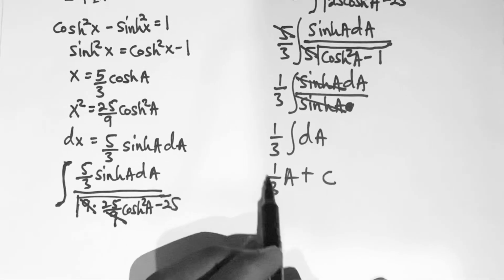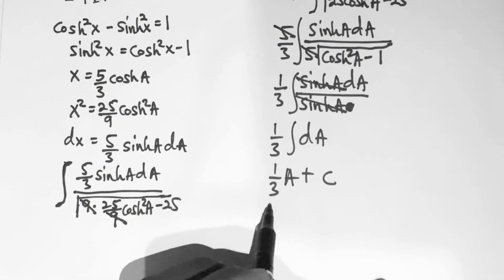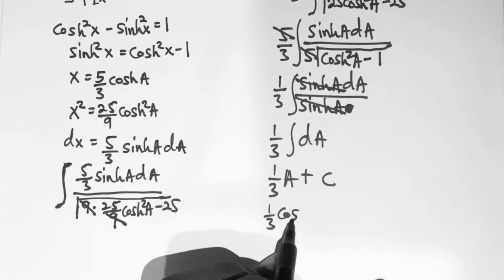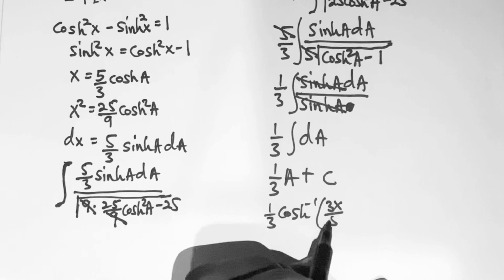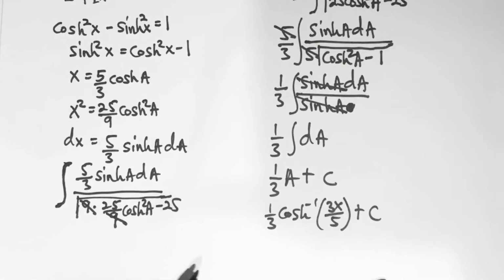And therefore, this becomes 1 over 3 cos inverse of 3x over 5 plus C.